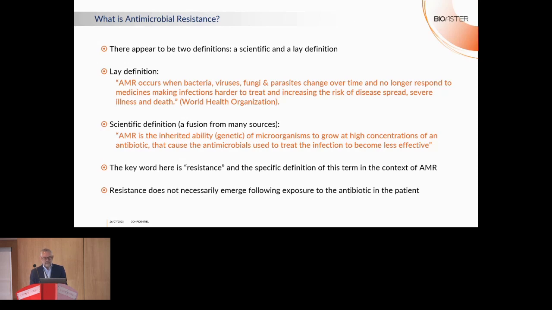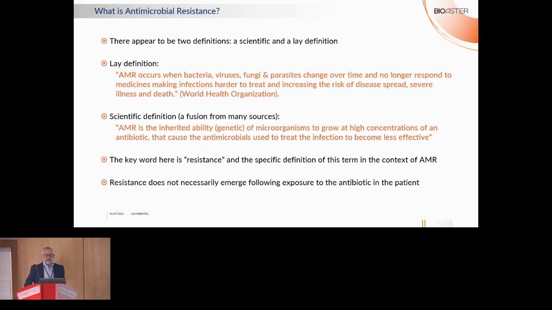AMR is the inherited ability of microorganisms to grow at higher concentrations of an antibiotic, and that causes the antimicrobials used to treat the infection to become less effective, not necessarily not work. It's very important, the genetic component of it. And contrary to popular opinion, resistance doesn't necessarily emerge from exposure to the antibiotic. It can emerge from exposure to the antibiotic, but in the vast majority of cases, it doesn't.